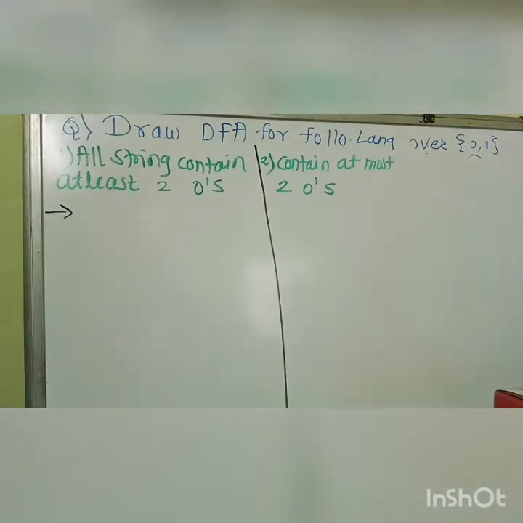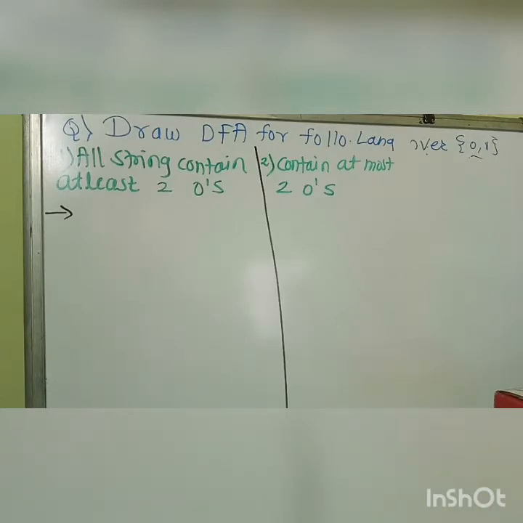The strings can have many combinations of 0 and 1, but the whole string must contain at least two zeros. It can contain many zeros, more than two also, but the minimum condition is two zeros.